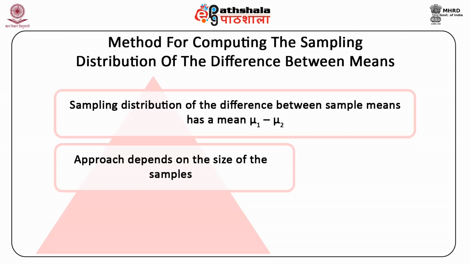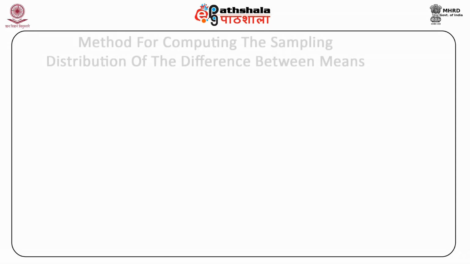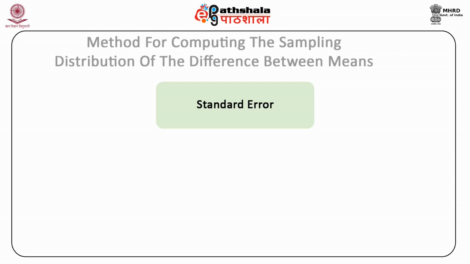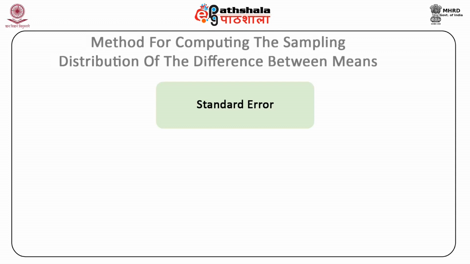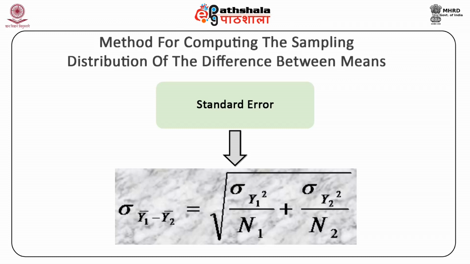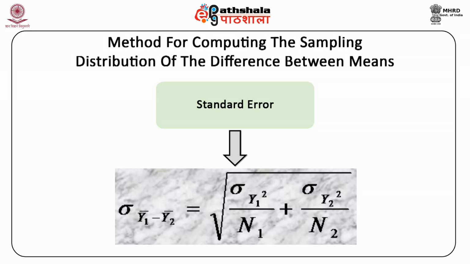The standard deviation or the standard error is given as follows: sigma of y1 bar minus y2 bar is equal to the square root of sigma y1 squared upon n1 plus sigma y2 squared upon n2.